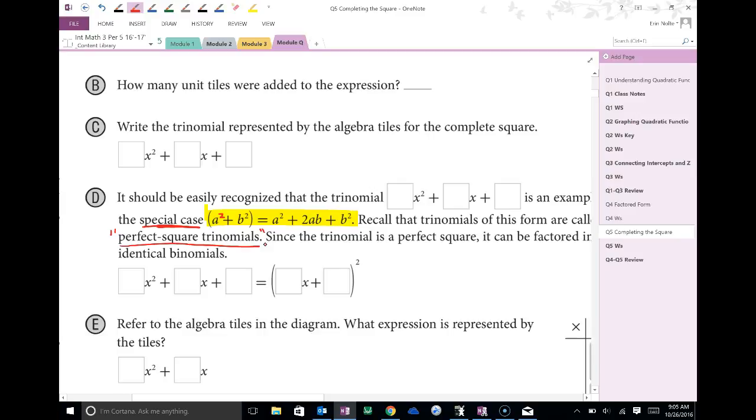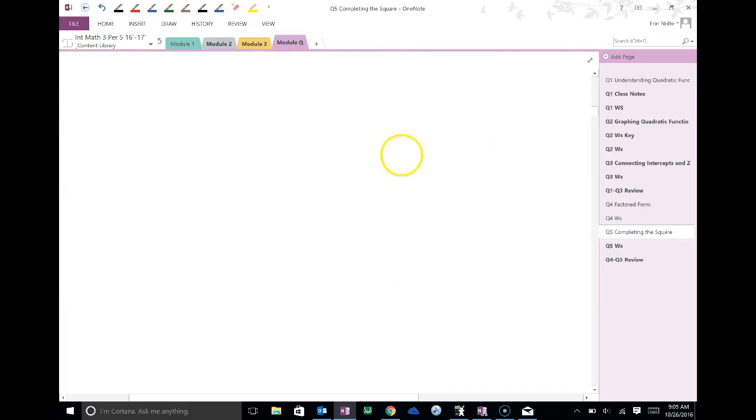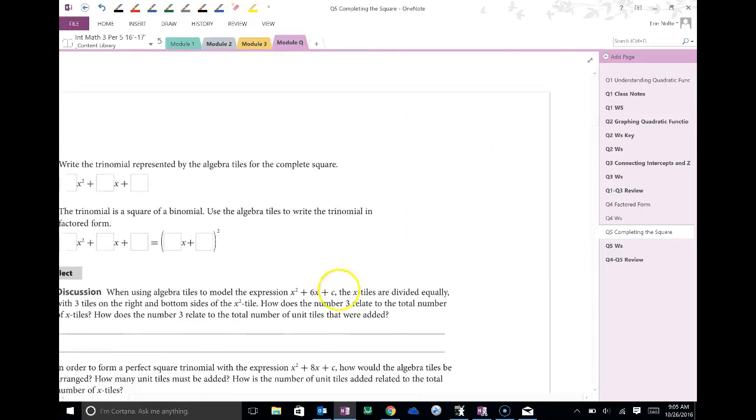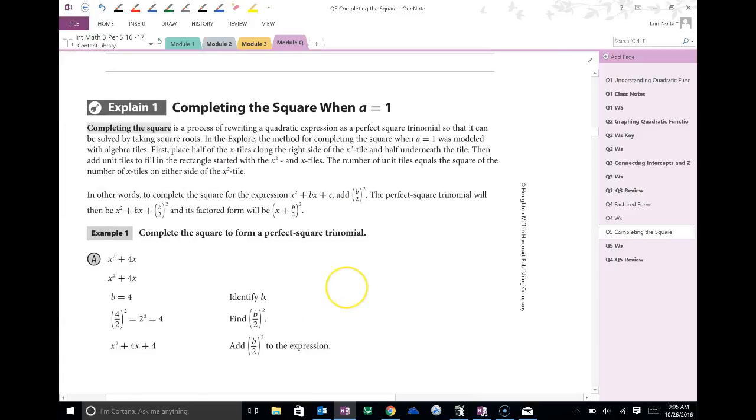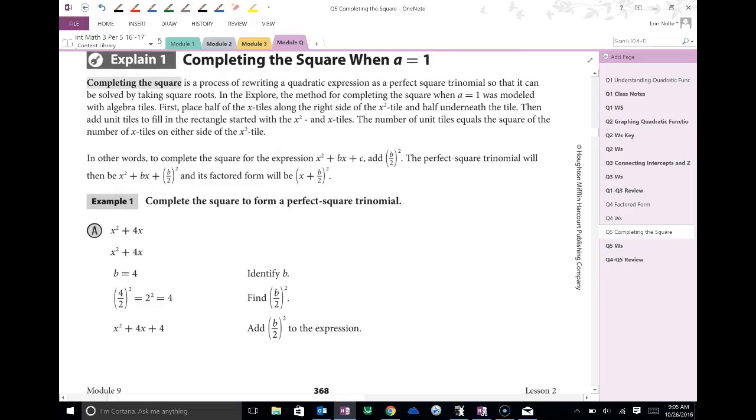This is going to walk us through being able to factor.